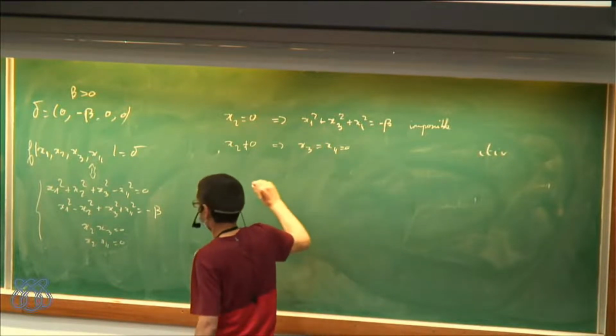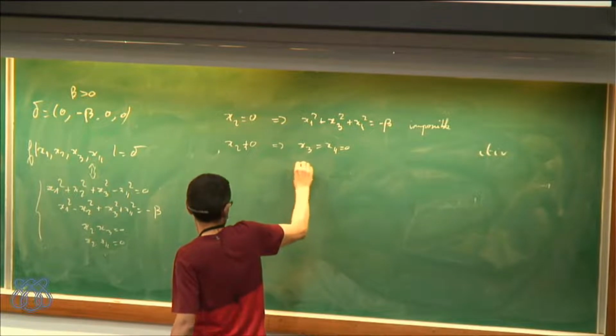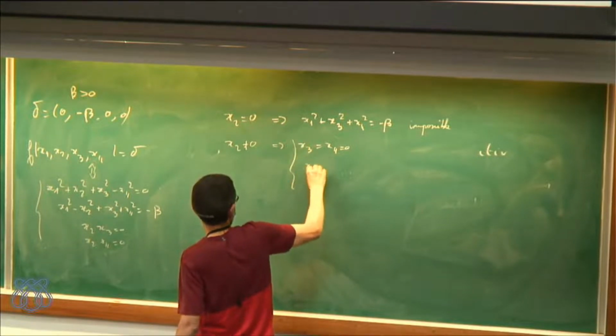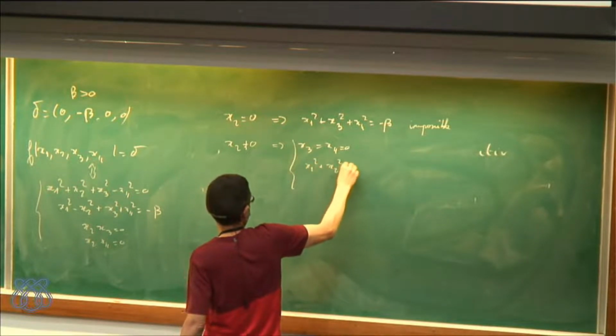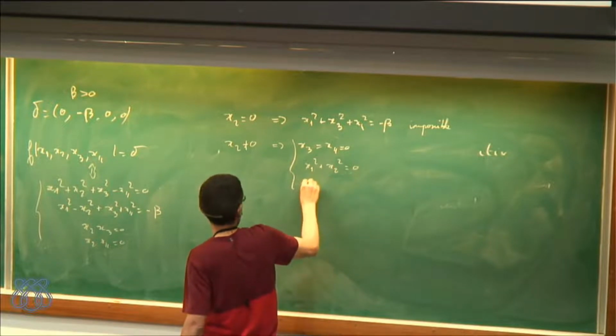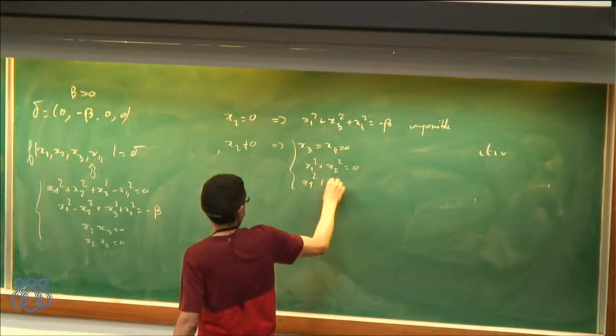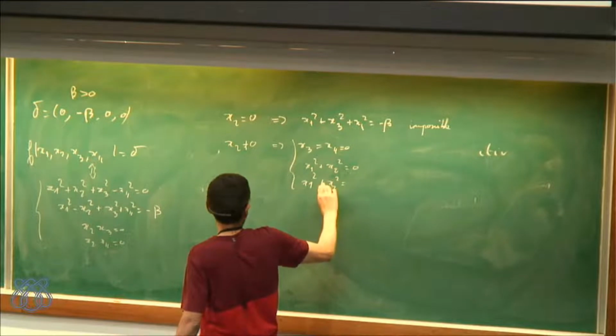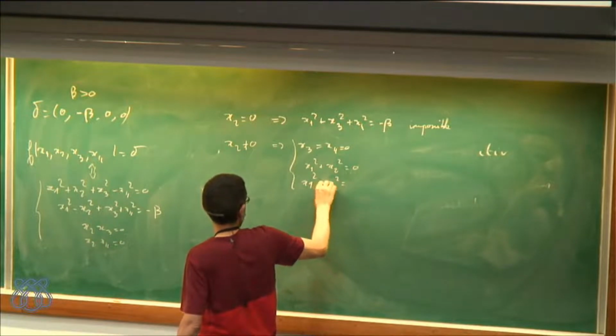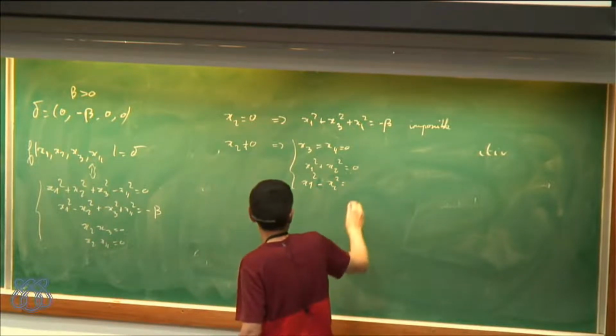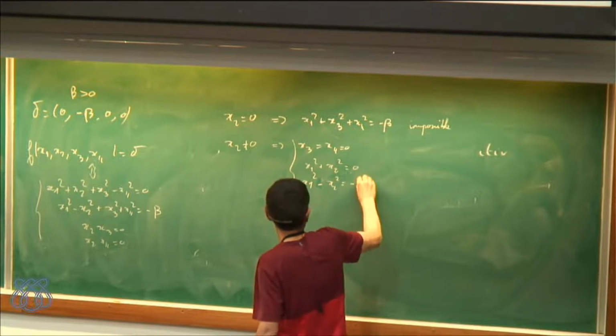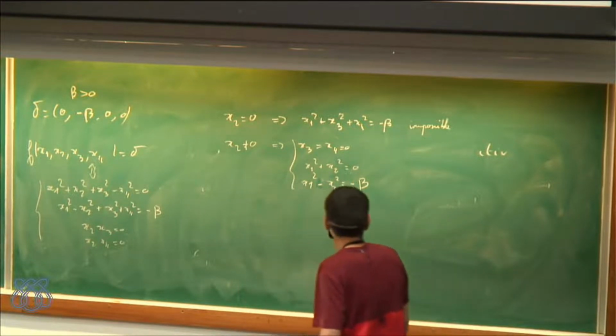Then we have x1 square plus x2 square equals 0, and x1 square plus x2 square equals minus beta.